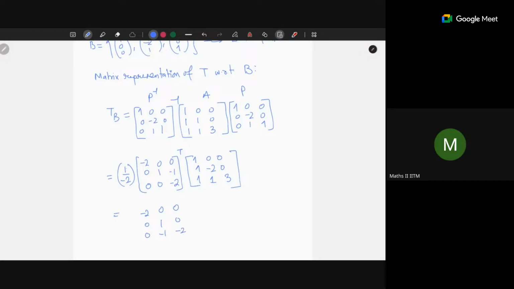Now we divide by minus 2, that is, multiply by minus half. So we'll get 1 over here, minus half over here, sorry, plus half, and so on.